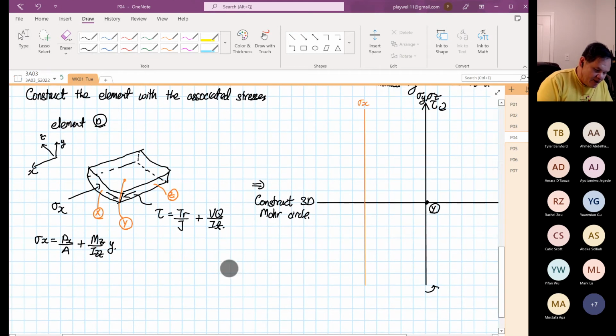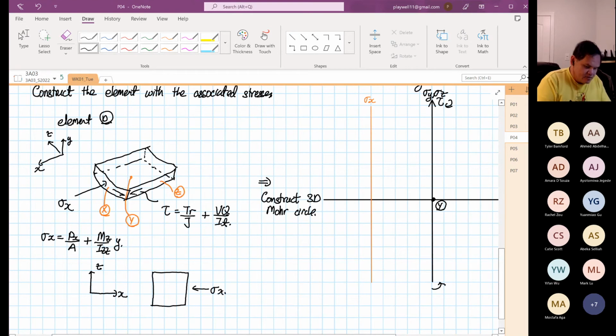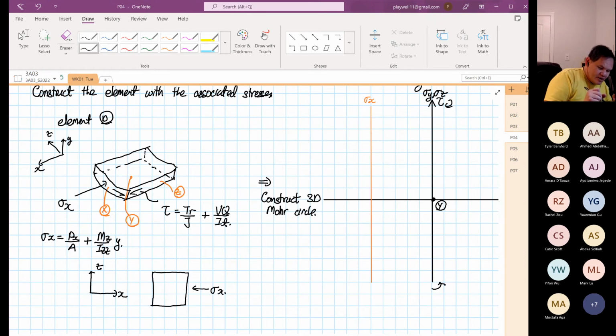So at point X, I'm going to draw our element in this orientation now. So this is our X, and this is our Z. When I draw it, this will be our stress X. Yeah, it is very late now, so I can make mistakes. If I flip it over, this will go in this direction.